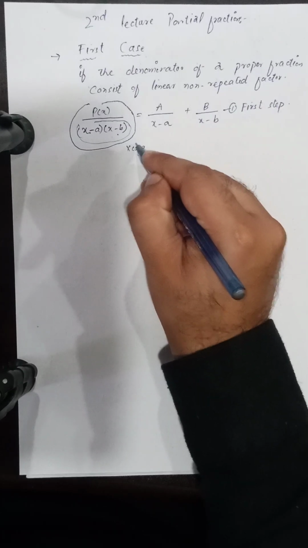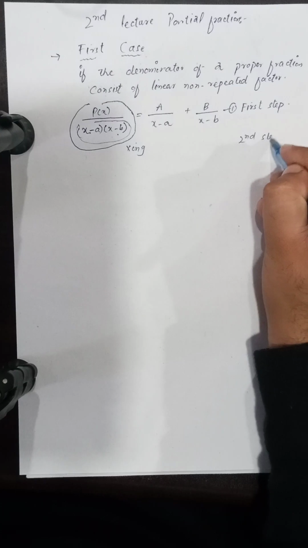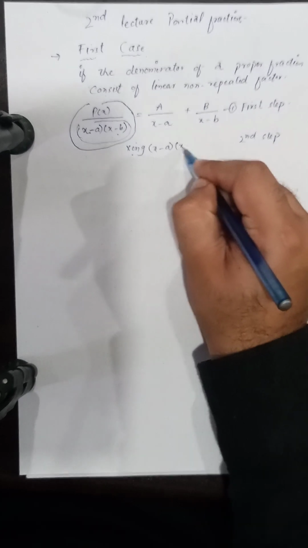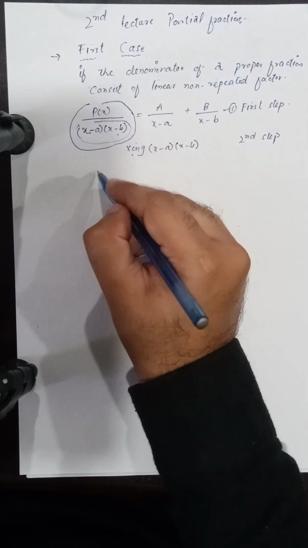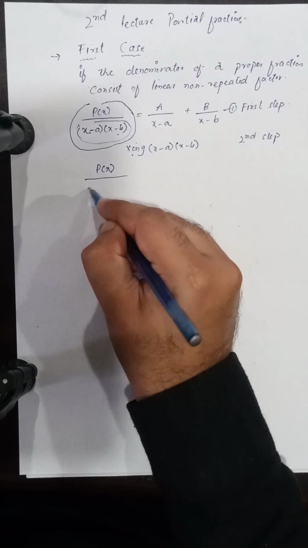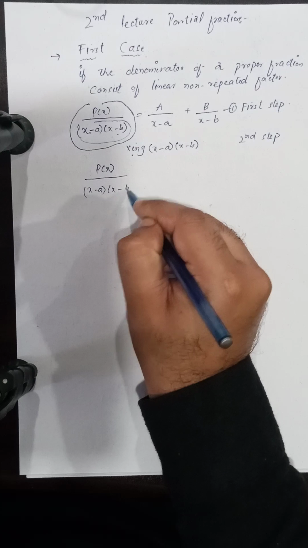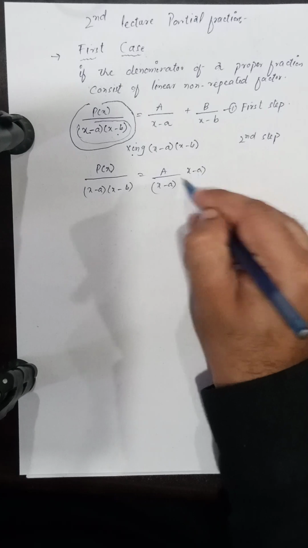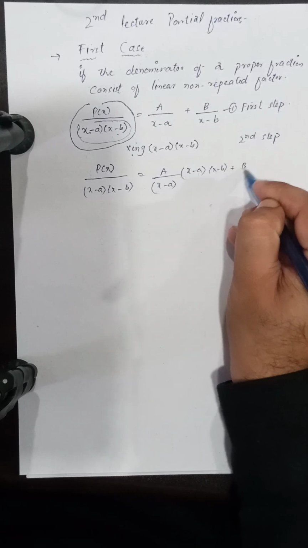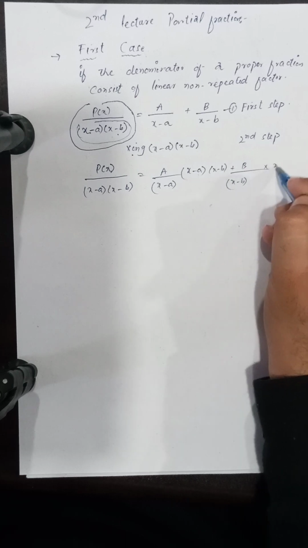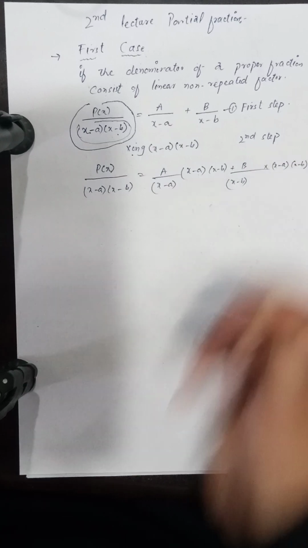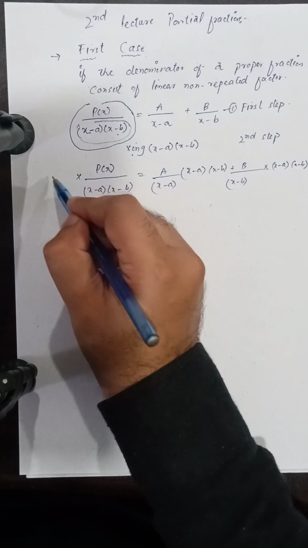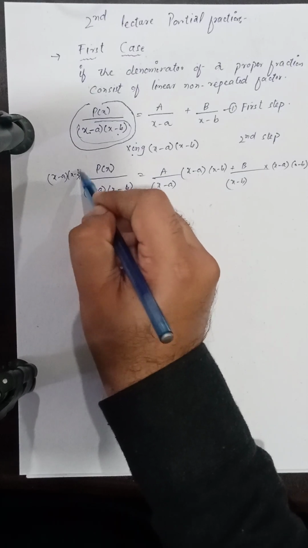So multiplying x minus a into x minus b on both sides of the above equation, P of x divided by x minus a into x minus b equals A divided by x minus a, plus B divided by x minus b, each multiplied by x minus a into x minus b.